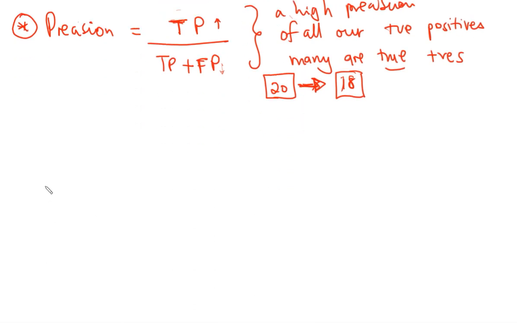That is precision. And another very powerful one is recall. Recall is defined as true positive divided by true positive plus false negative.